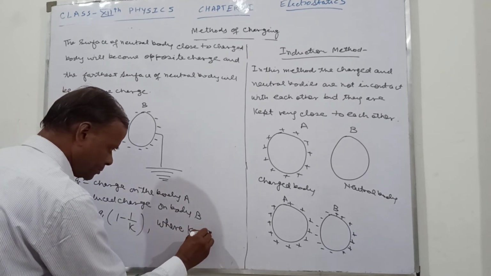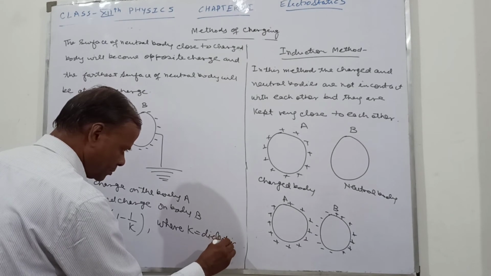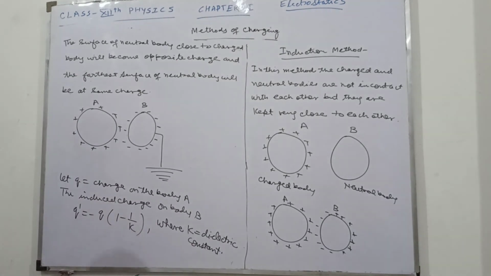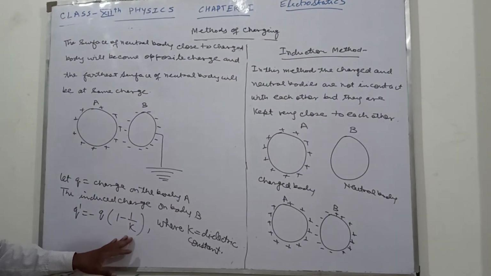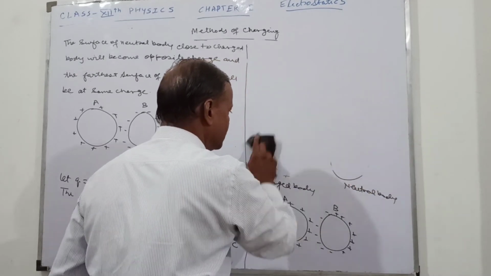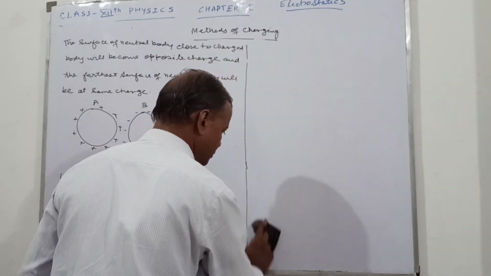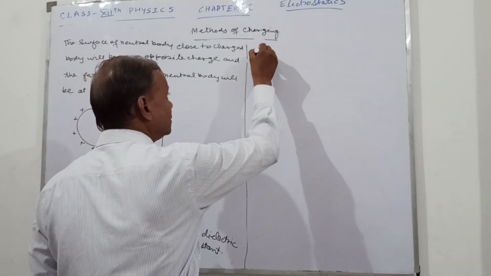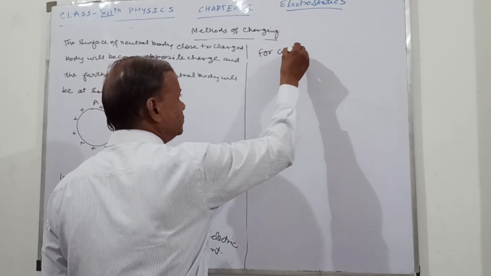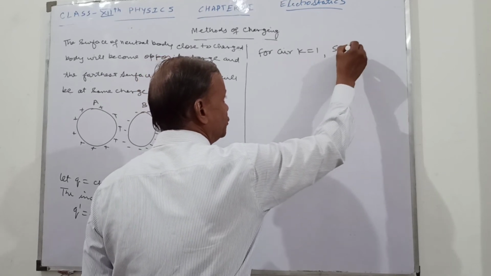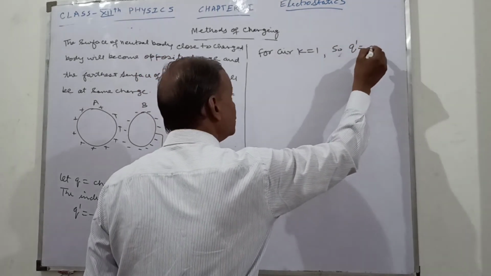Where K is the dielectric constant. And you can see from here that the minimum value of K, that we know, is 1 for air. So for air K equal to 1, so this Q dash is equal to 0.